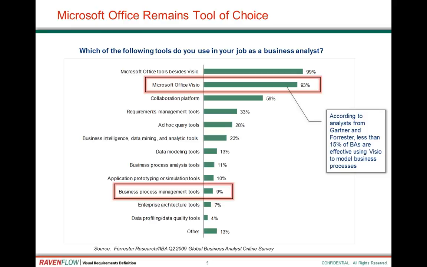Over 90% of people are using Visio or attempting to use it. But notice the callout that, according to the likes of Gartner and Forrester, leading industry analysts I've talked to personally, I asked them, if that many people are using Visio, what percentage of them really are successful at doing that? How effective are they at using Visio to draw process models? And the numbers are surprisingly small as a percentage of the total.